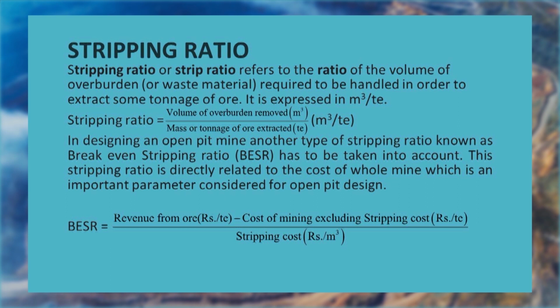BSR can be calculated as revenue from ore, that is the money we have obtained from selling of ore, minus cost of mining excluding stripping cost, meaning only the cost of extraction of ore, not overburden, divided by stripping cost, that is the cost associated with the removal of overburden.